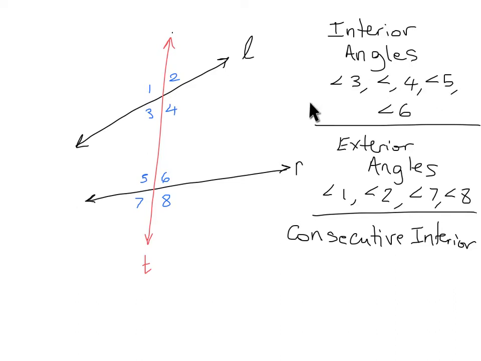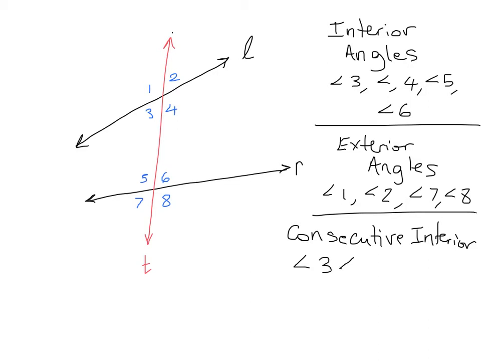Well, consecutive interior angles are angles that lie on the same side of the transversal. So the transversal is here, the interior angles are here, and consecutive interior angles have to lie on the same side as each other. So 3 and 5, for example, they lie on the left of the transversal, so they are consecutive interior angles.